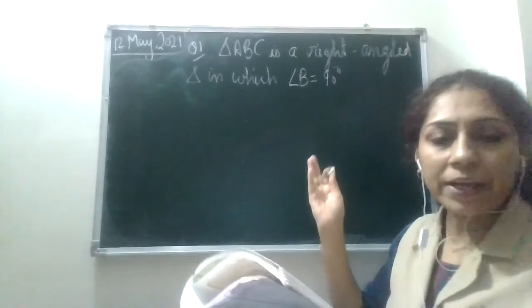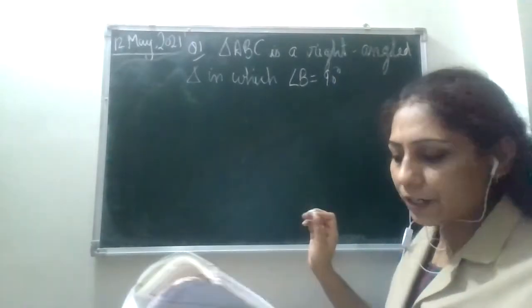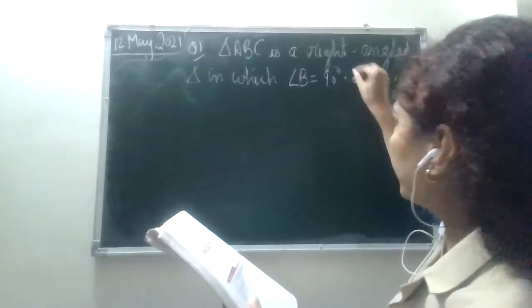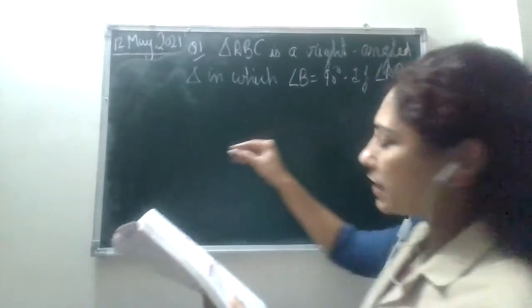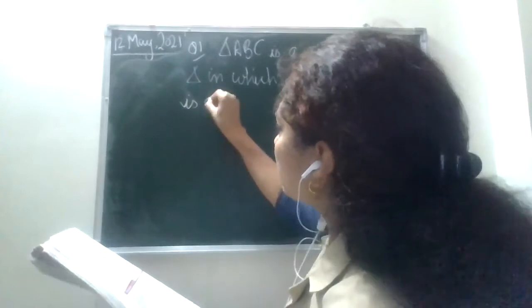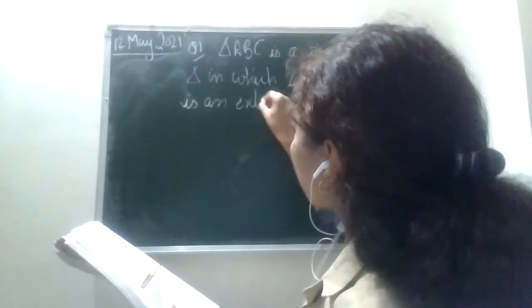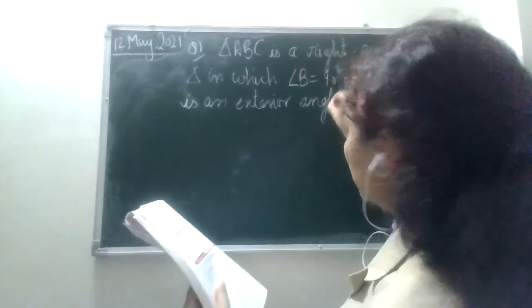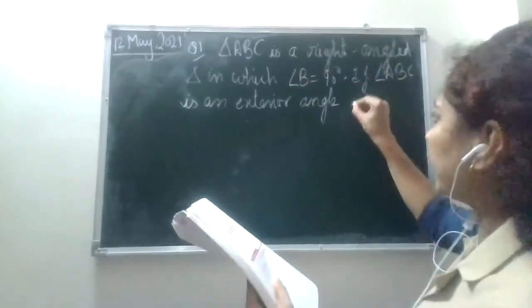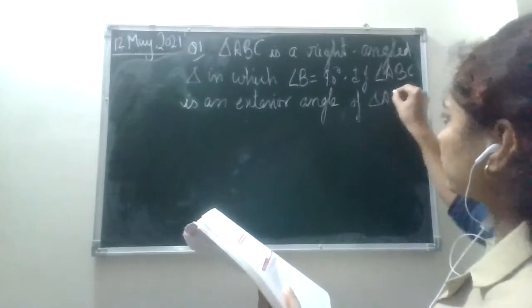Of course, if it is a right angle triangle, one angle has to be 90 degrees. If angle ABD is an exterior angle of triangle ABC, find its measure.